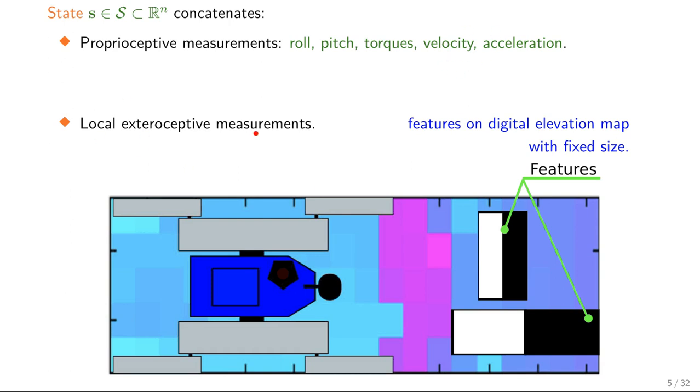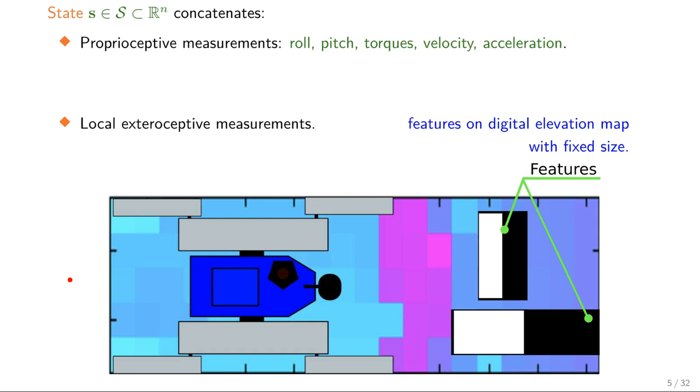Then there will be exteroceptive measurements from the camera or the laser rangefinder. The main benefit of the laser rangefinder is that you can get a so-called elevation map of the environment. You see obstacles in front of you, and it's more reliable data than if you were to extract it from a camera image.